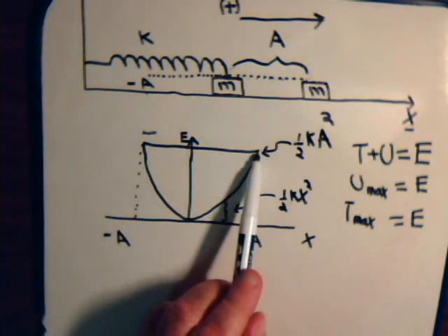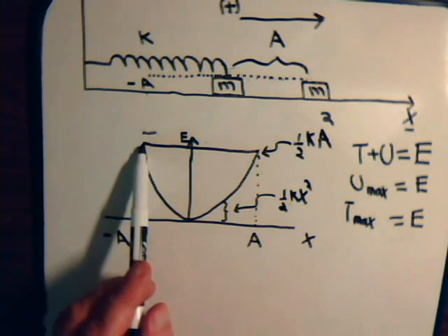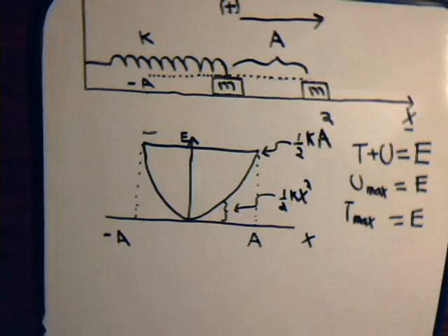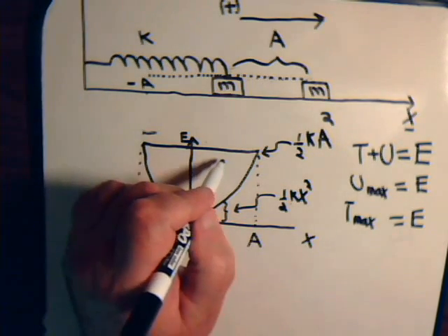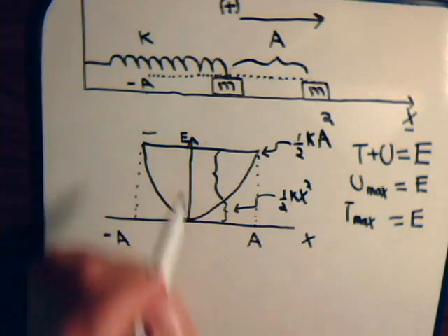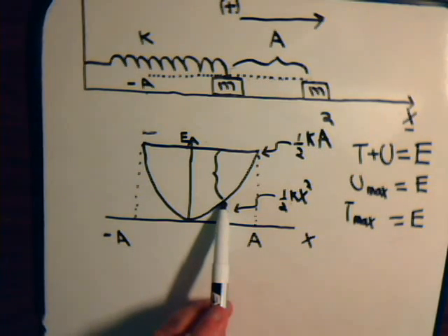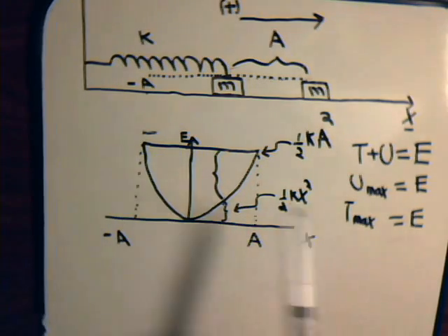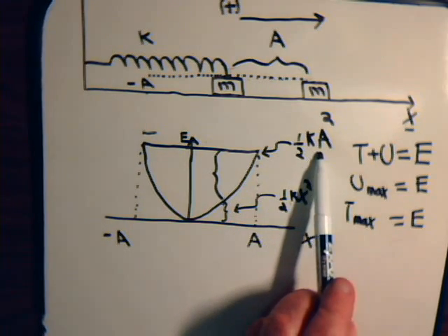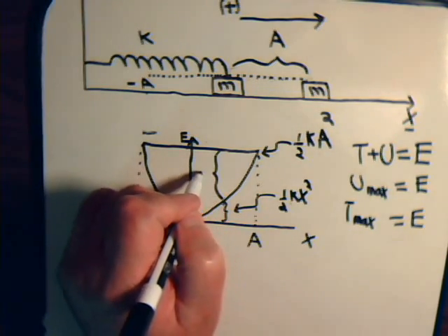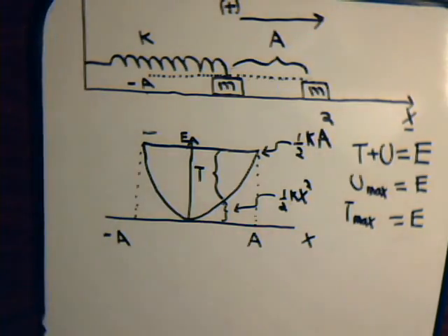So this horizontal line here would have that value 1/2 kA squared. Now in between, this is the potential energy, this is the total energy. It can be equal to the maximum potential energy. So this right in here is the kinetic energy.